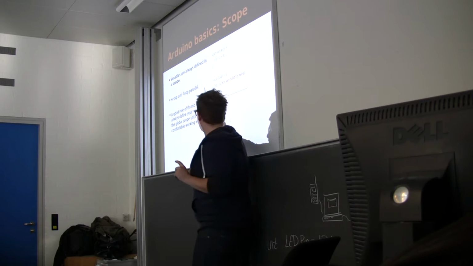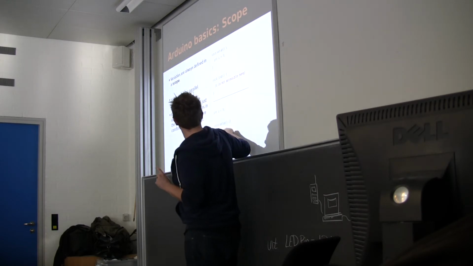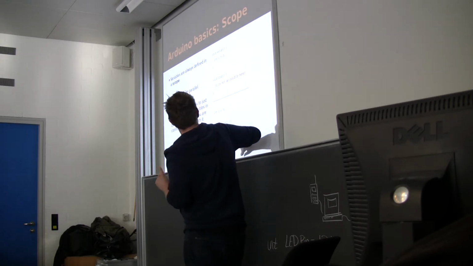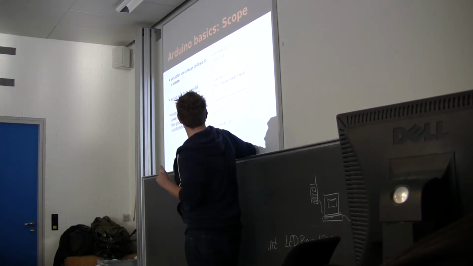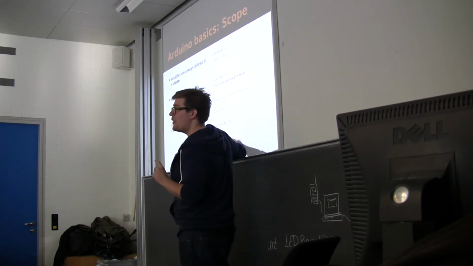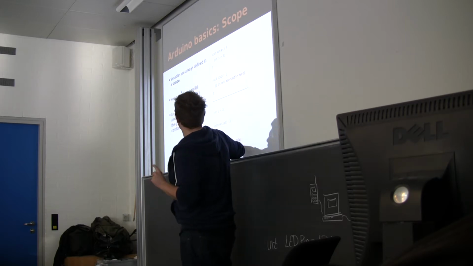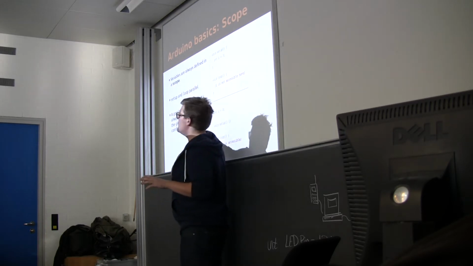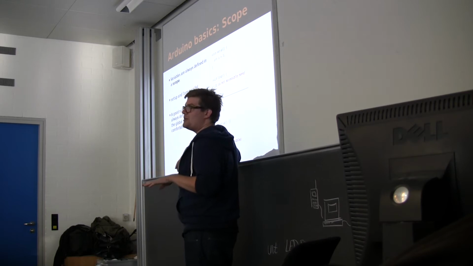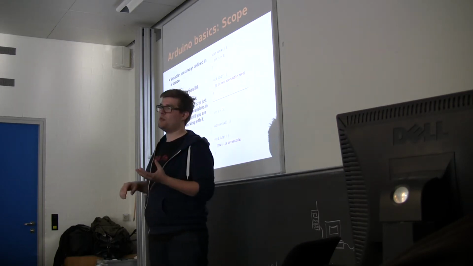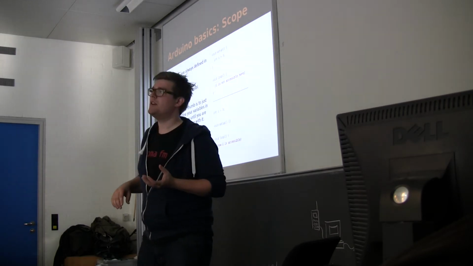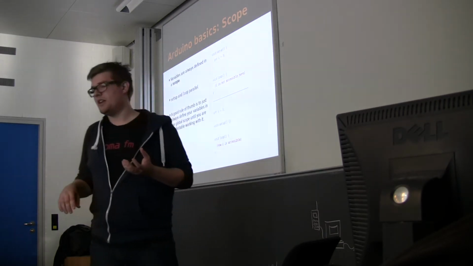Does it make sense? You can say if this is below, then this is above, because this is outside of the starting point of this curly brace. A good rule of thumb, as I wrote here: just define all your variables in the beginning of the program until you grasp this scope thing, which can be very abstract and difficult to get in the beginning.